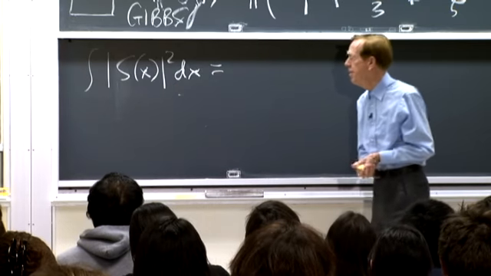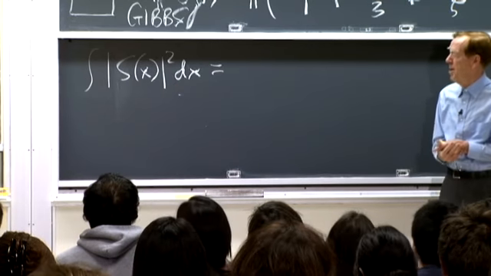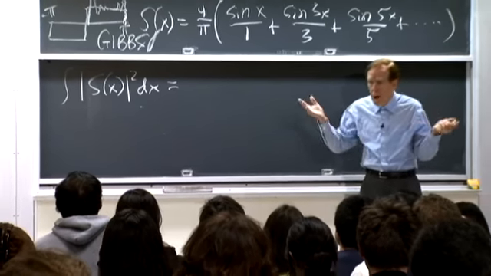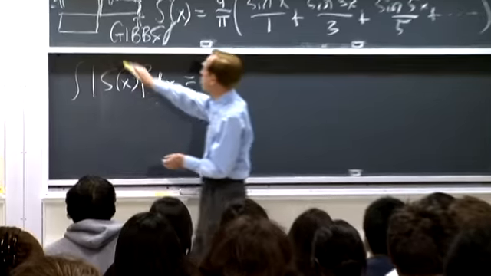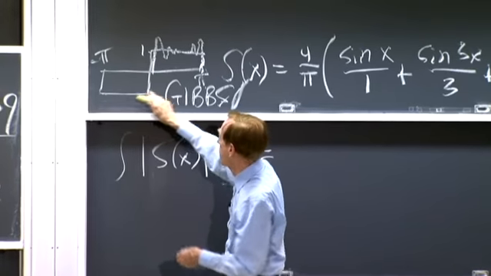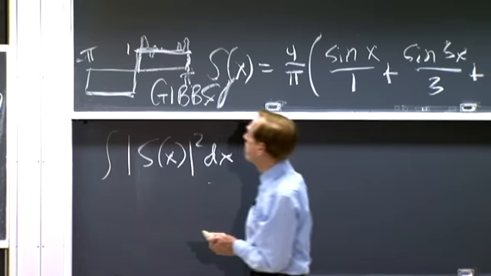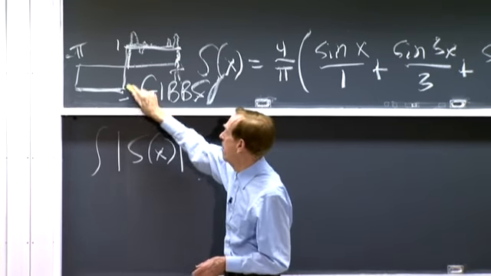So what does it turn out to be? Well, what is S of x squared for that function? 1, obviously. I'm looking at the original S of x, not the series. The function is 1 there and minus 1 there.